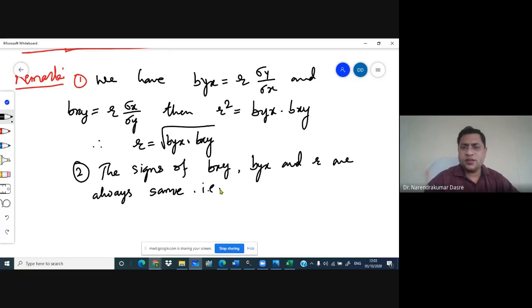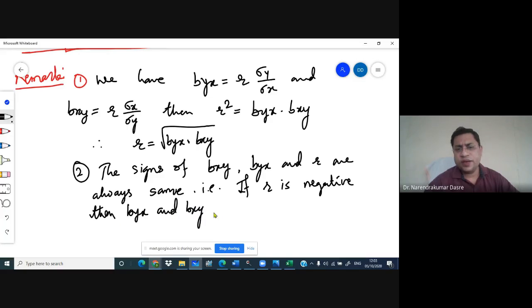Okay, so what does it mean? That is, if R is negative, then Byx and Bxy are also negative.